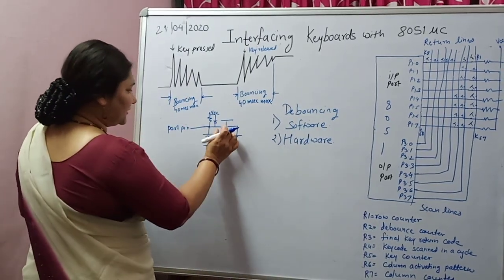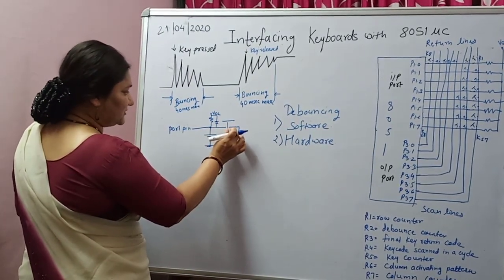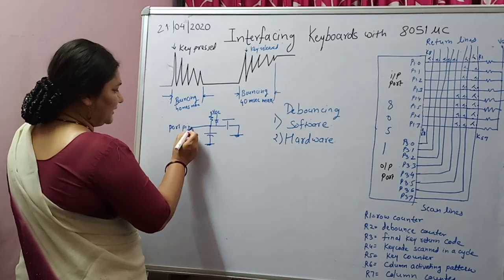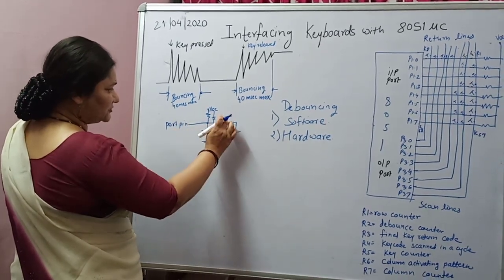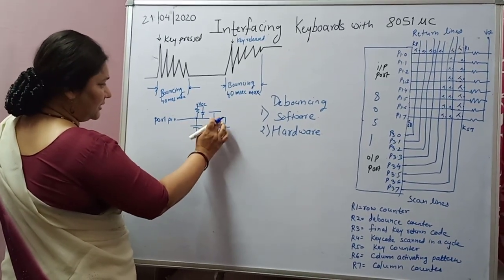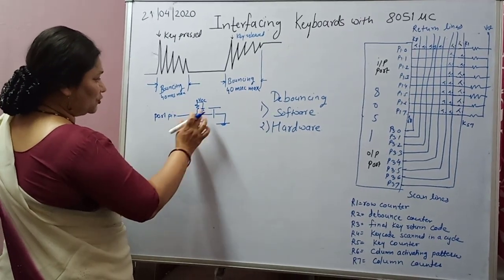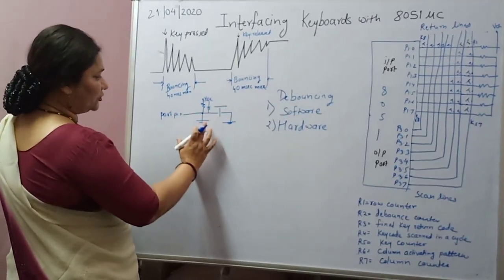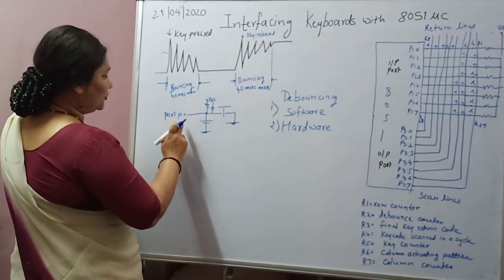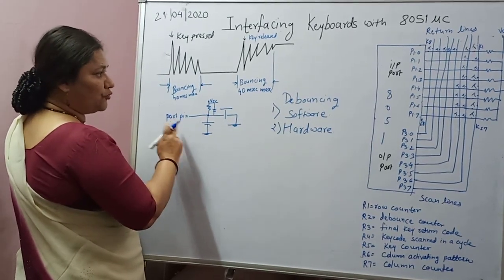When the key is found pressed, you will get 0 at this particular pin, because the key is pressed, that means it is shorted to ground. So in such a combination, when you press the key, you get 0 when you read the port pin.